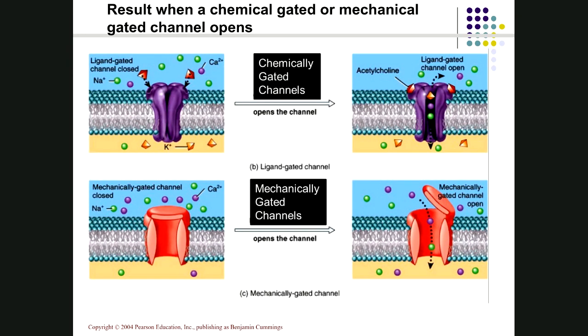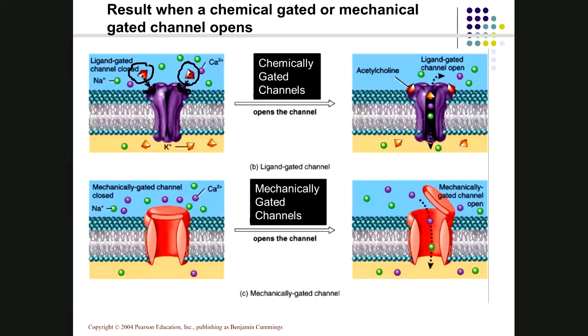So remember, if we get chemical gated or mechanical gated, we're going to get these graded potentials. So let's review chemical gated and mechanical gated channels a little bit. So here's a chemical gated. Remember, there is a receptor here. And there's a chemical, a neurotransmitter that's going to bind.